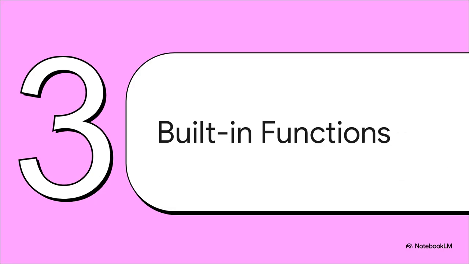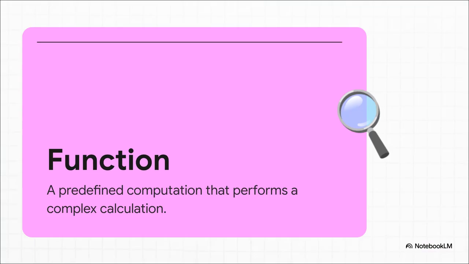All right, section 3. Now, basic math is cool and all, but we can seriously supercharge our calculations by using built-in functions. So, what's a function? The best way to think about it is like a pre-made recipe from some master chef. Instead of you trying to figure out all the super complex steps to calculate, say, a loan payment, you just grab the payment function, give it the few ingredients it asks for, and it does all the heavy lifting for you.